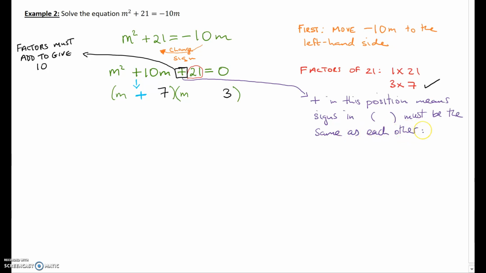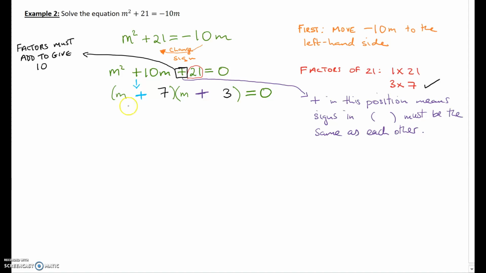Okay, so we had a plus here already, and now we're saying the signs in the parentheses have got to be the same as each other, so it has to be a plus here as well. Okay, and we know that that is equal to 0. Since we moved everything to the left, we know that that's equal to 0. And now we're nearly there.